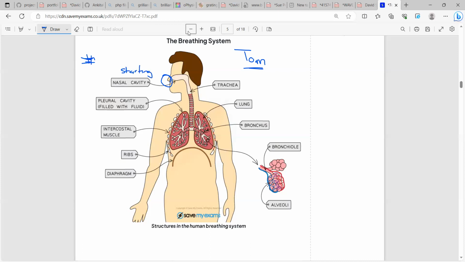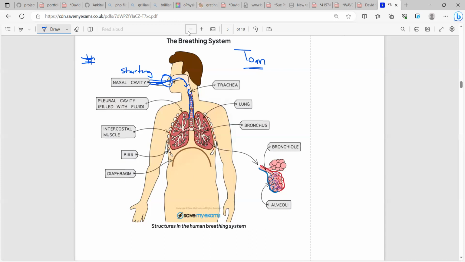And then when you breathe in or inhale, breathing in is also called inhaling. So when you breathe in, air is going to move through the nasal cavity, and then it's going to go down through the trachea, right? So from the nasal cavity, we have this called the trachea.